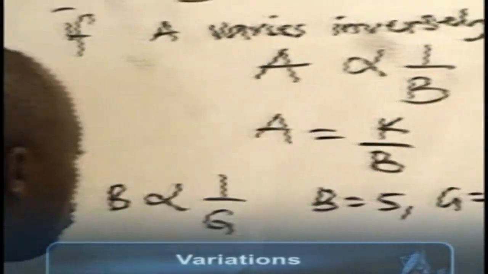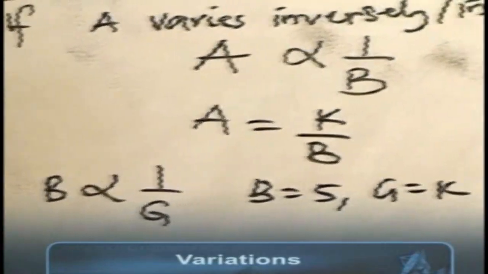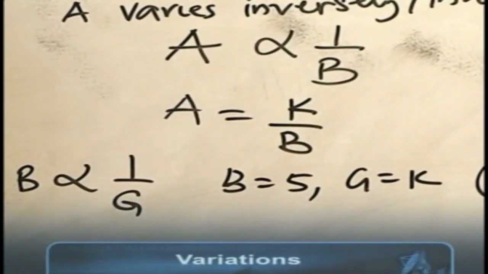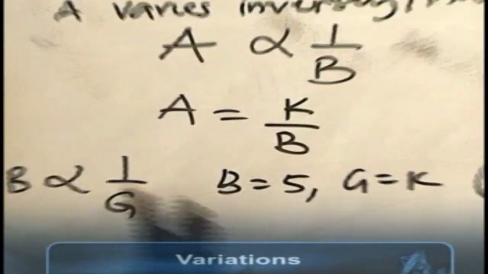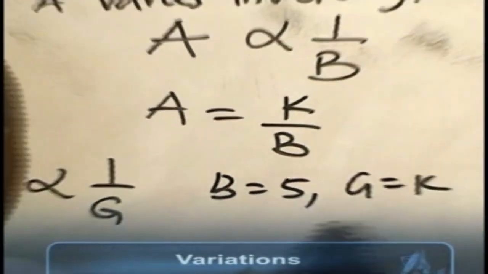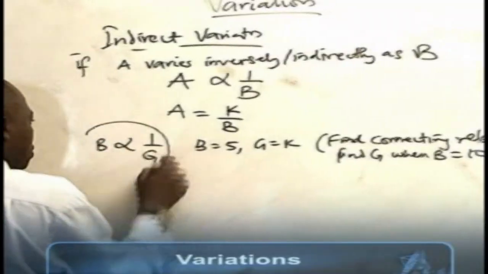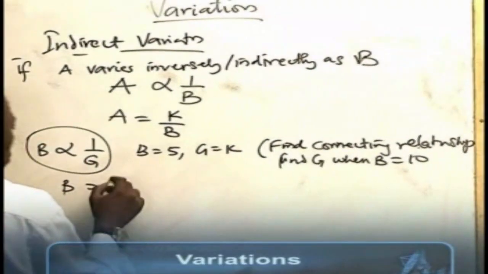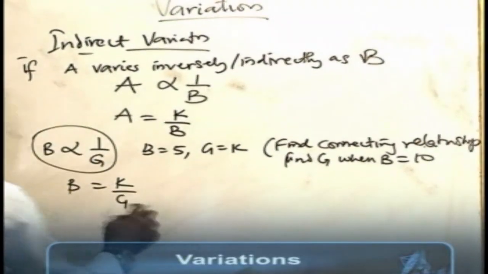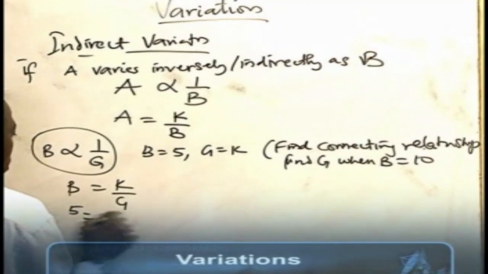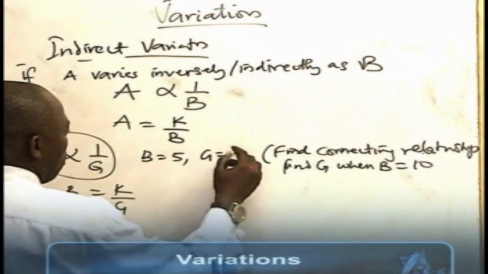So the first thing you do is find the connecting relationship between B and G. If you introduce a constant to this relationship, it will become B equals K over G. We're told that B is 5 and G is 4.